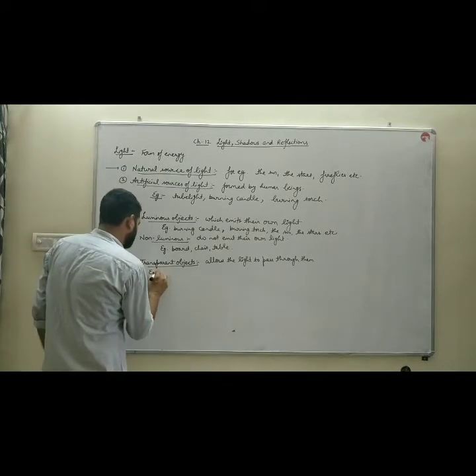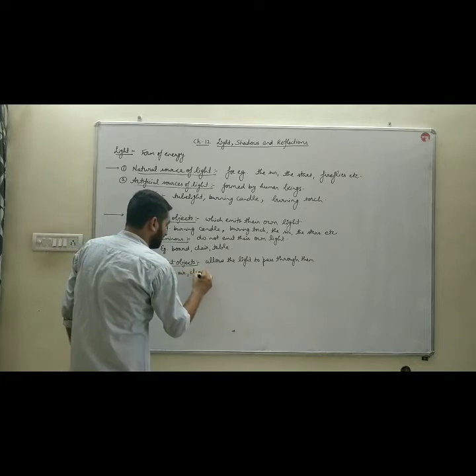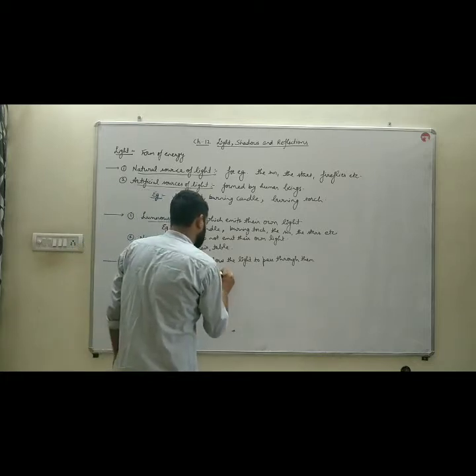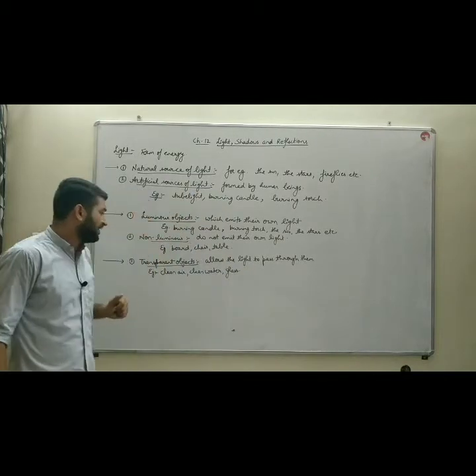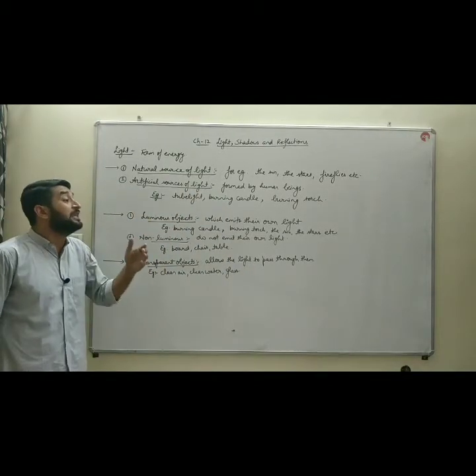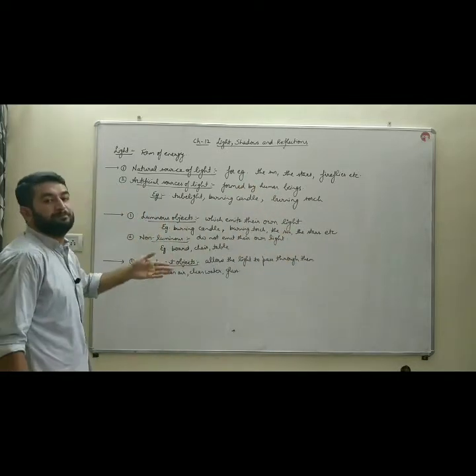Examples are clean air, clean water, transparent glass. These are certain examples of transparent objects. They allow the light to pass through them very easily. That is why we can see through them.